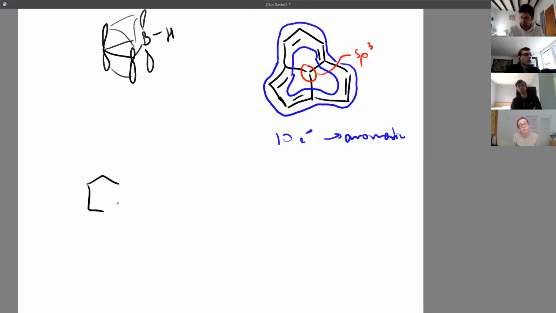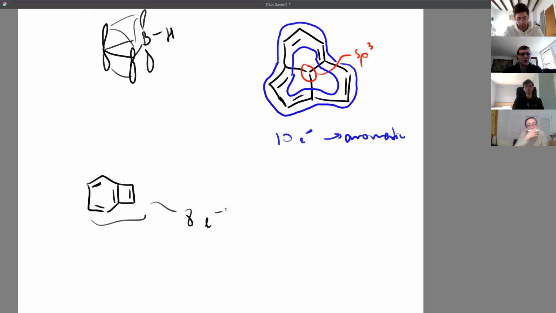Here's an example that I've seen before but don't remember the answer to. If you have something like this, it can be planar, and there's pi orbitals for every single carbon on there. So you can get conjugation everywhere. But at the end of the day, this molecule here has 8 electrons.